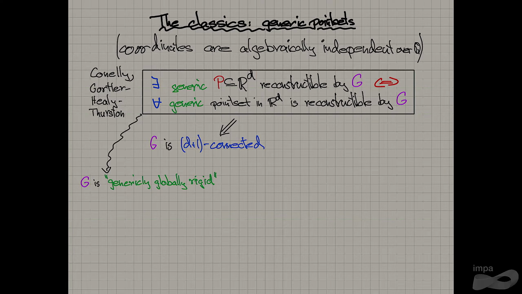The classic way to resolve this issue is to assume generic point sets, which means just that the coordinates are algebraically independent over Q. It's a somewhat strong condition that there should not happen anything accidental among the coordinates.